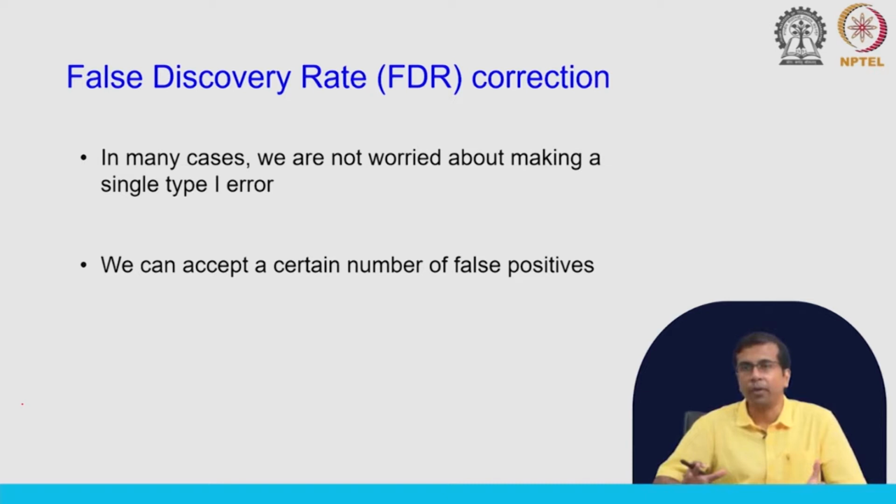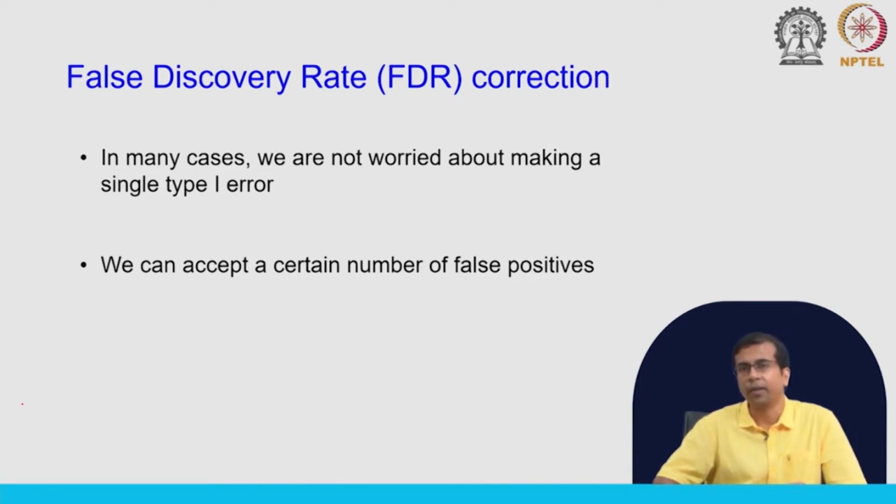So, in our example, let us say when you are doing this differential expression analysis, we identify 100 genes as differentially expressed, and imagine that 3-4 genes are false positives, right. If you remember the truth table that we talked about, we have the actual truth and the statistical decision, right. So, if only 3 or 4 genes are false positives, then that is not going to bias our analysis that much. Okay.